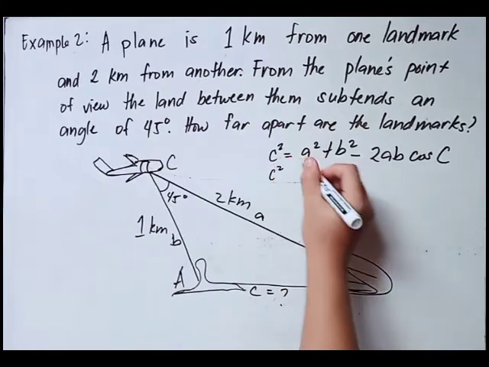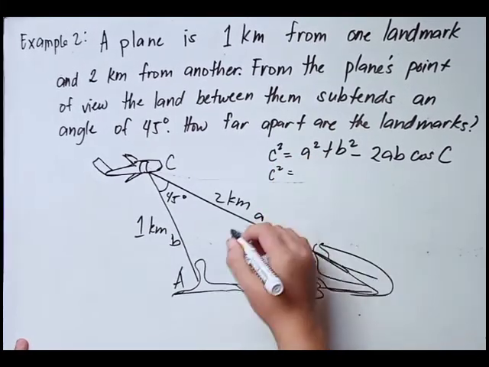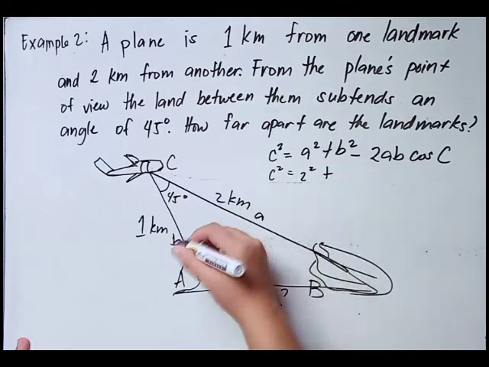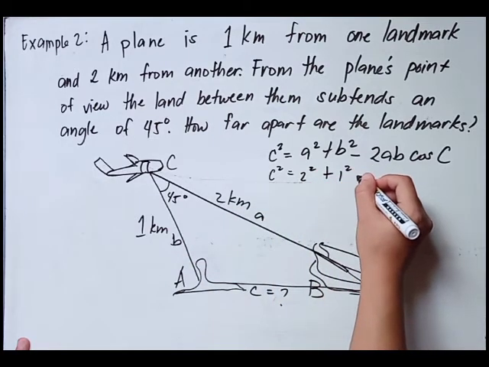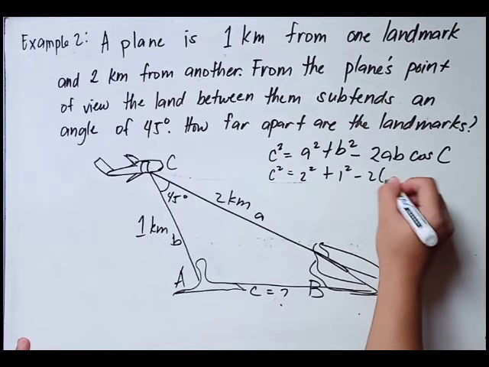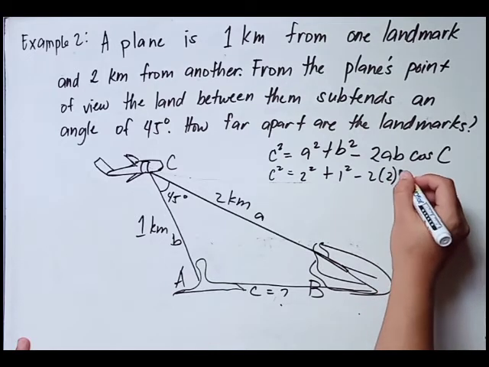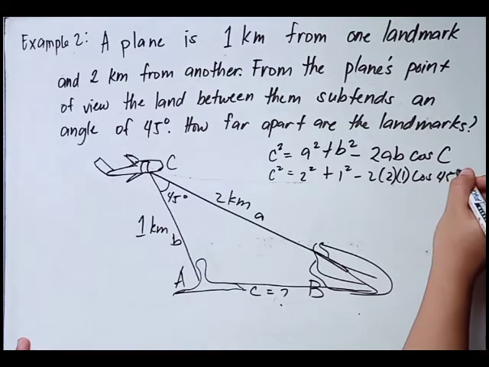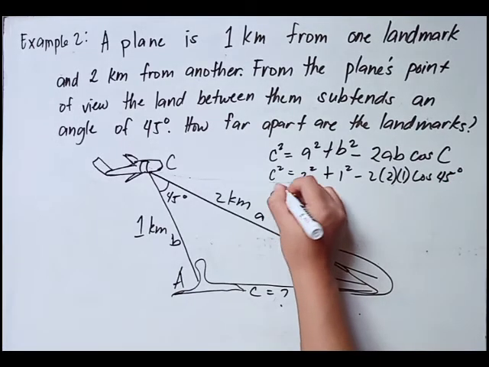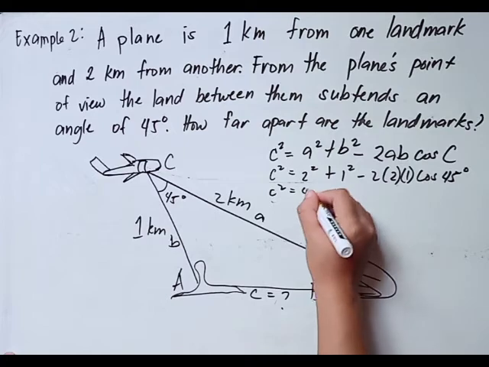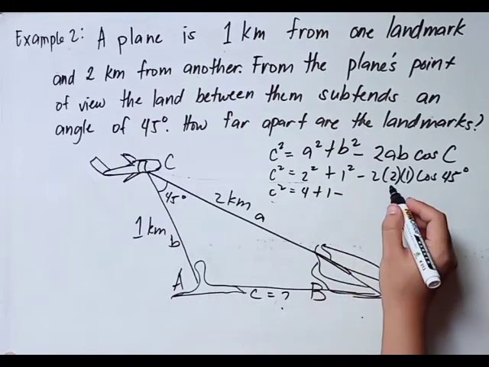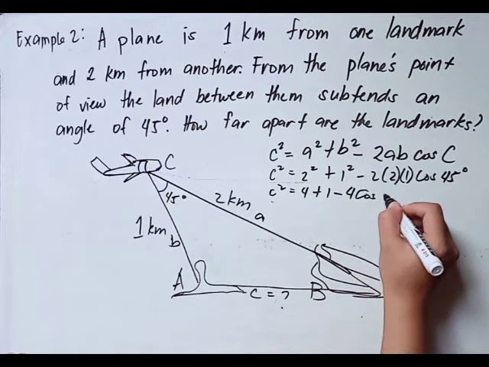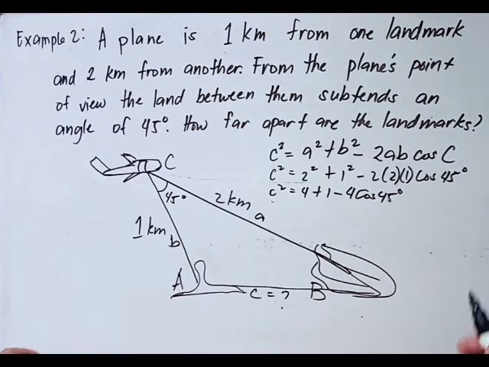So C squared is equal to 2 squared plus 1 squared minus 2 times 2 times 1 cosine 45 degrees. So C squared is equal to 4 plus 1 minus 4 cosine 45 degrees.